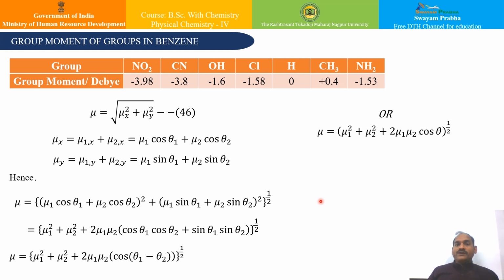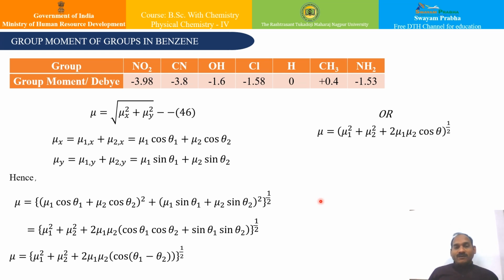Therefore the group moment of the chlorine atom is minus 1.55 D. The sign of the group moment indicates the direction in which it acts. A positive sign implies that the group moment acts away from the benzene ring, whereas a negative sign implies that it acts towards the ring.